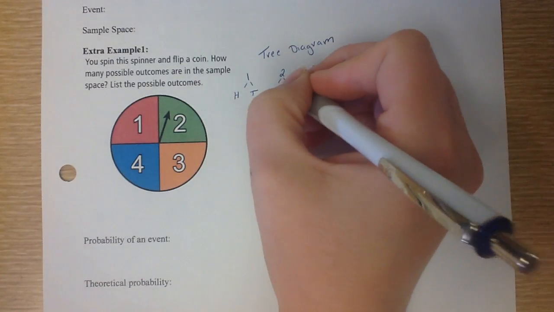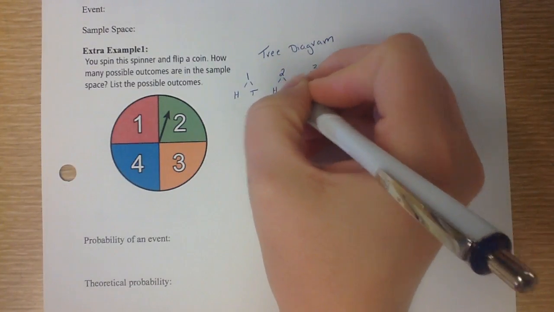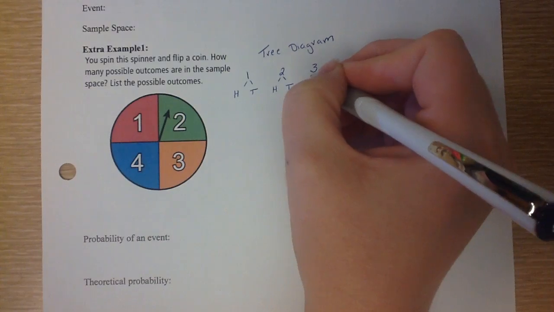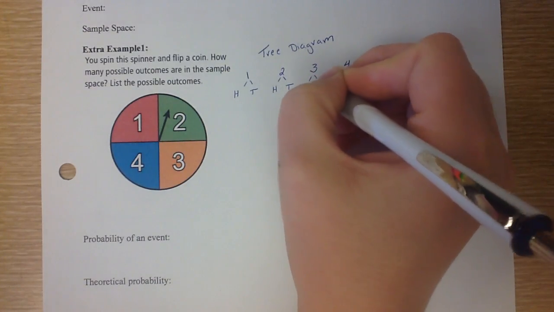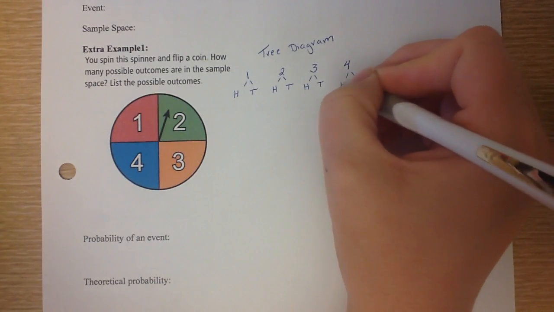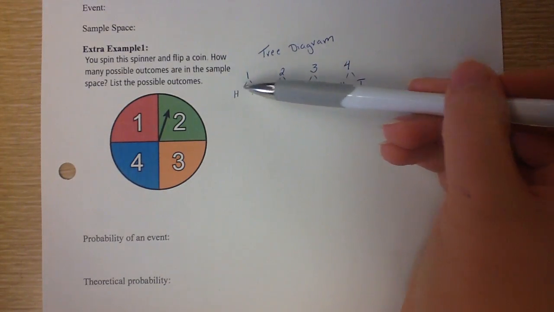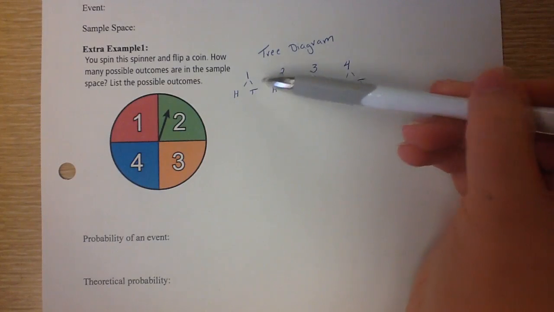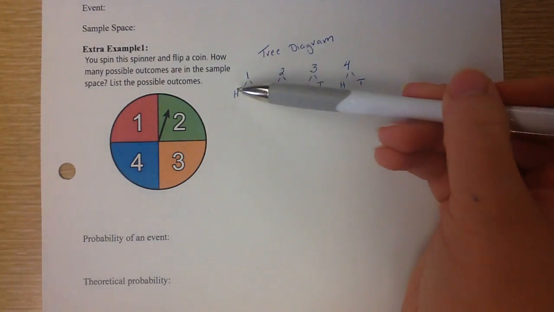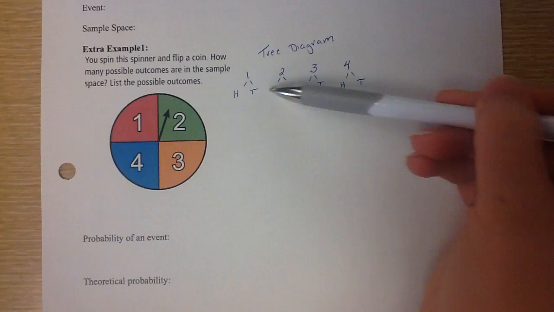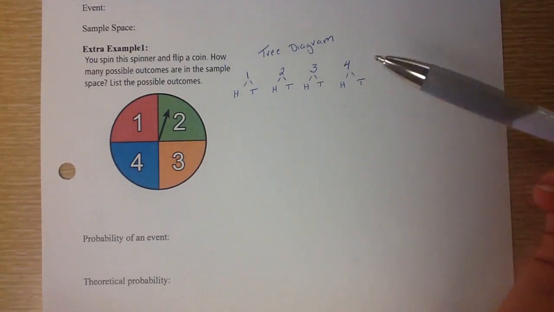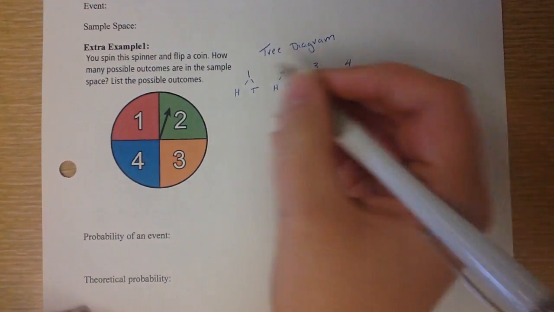After I spin a 2, I could flip the coin and get a heads or a tails. After I spin a 3, I could get a heads or a tails, and after I spin a 4, I could get a heads or a tails. If we look at all the different possibilities, we'd have a 1 and a heads, a 1 and a tails, a 2 and a heads, a 2 and a tails, and so forth. Look at the bottom of the tree, there's 8 limbs total, so there's actually 8 possible outcomes.